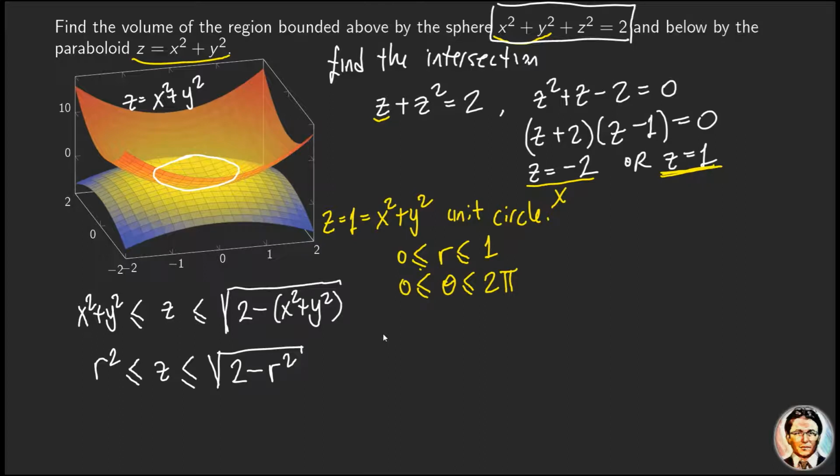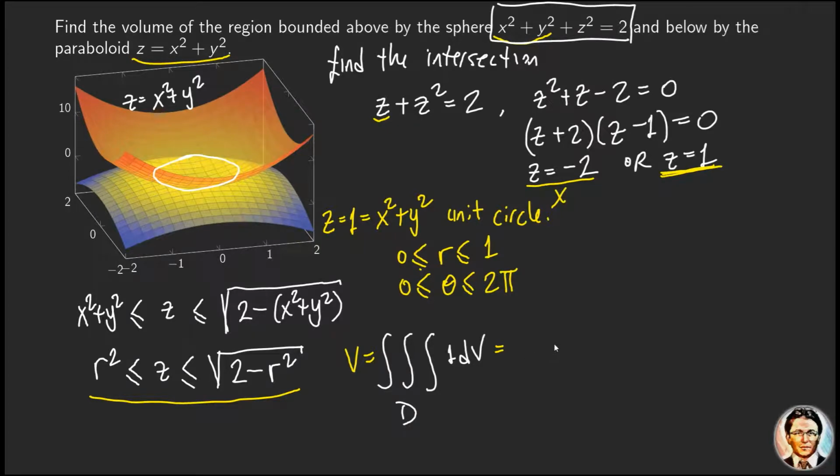So the volume is going to be the triple integral in cylindrical coordinates of 1 dV over this region D. That will give us the volume of the region. If you remember, dV is replaced with r dr d theta dz, or you may change the order as necessary.